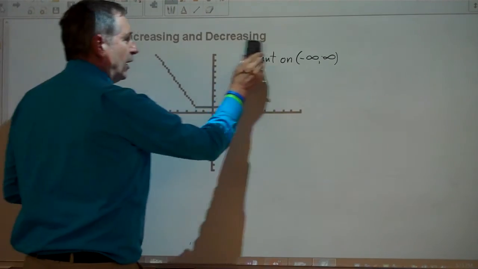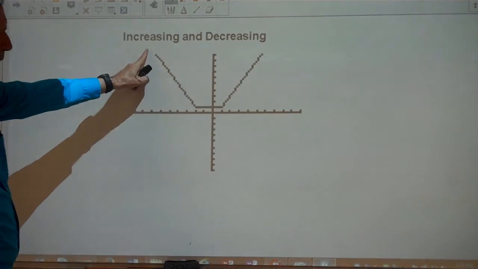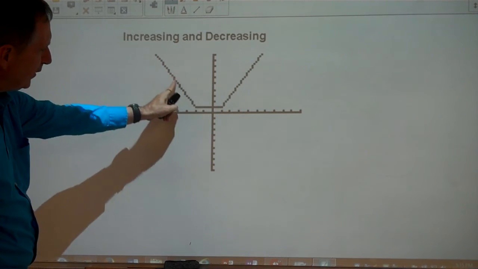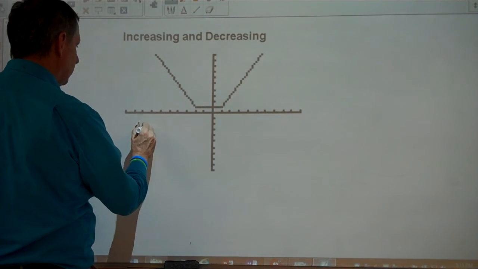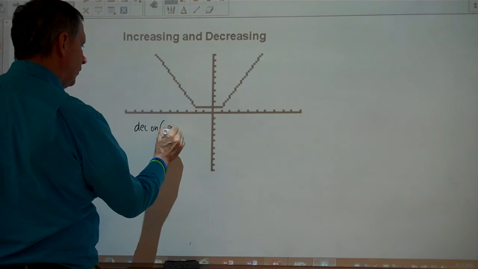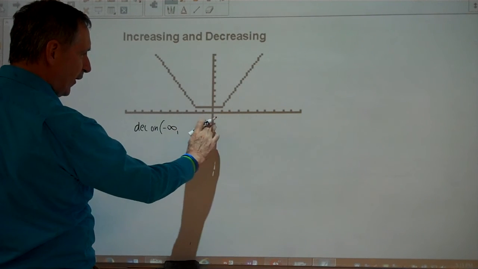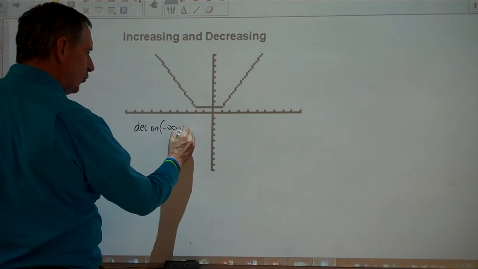And then we have an example like this, where you have a mixture of intervals. So the function value will be decreasing. We'll say decreasing on negative infinity, and you're looking for the x value. Not the y value would be 1, but the x value is negative 2.